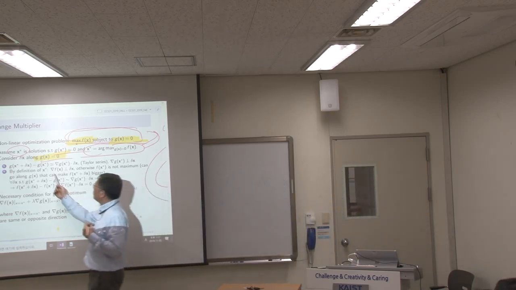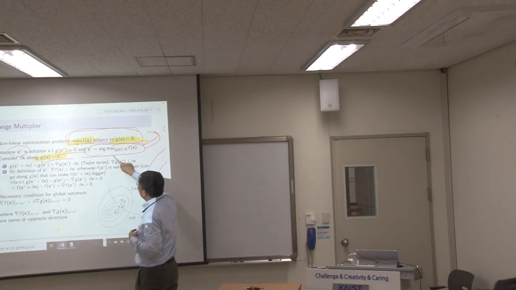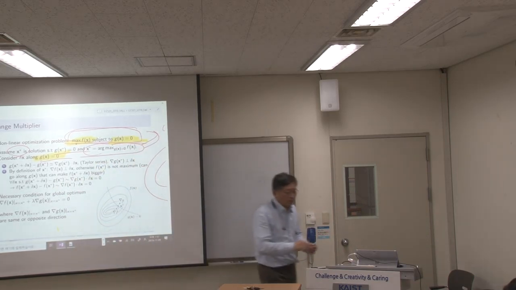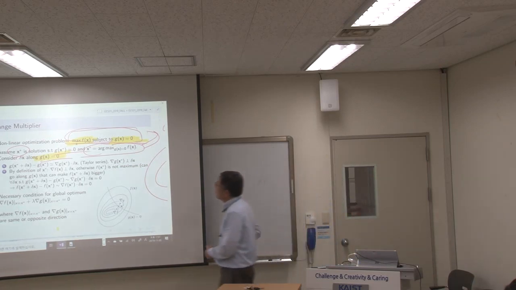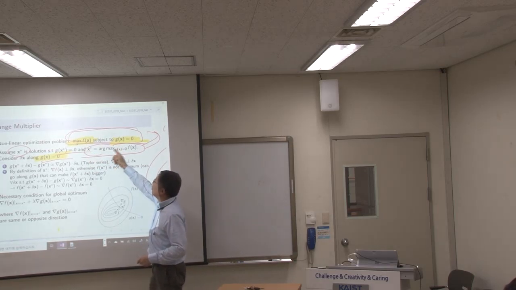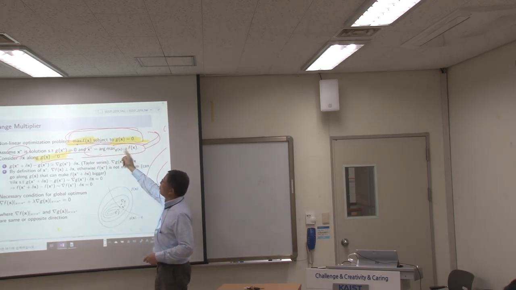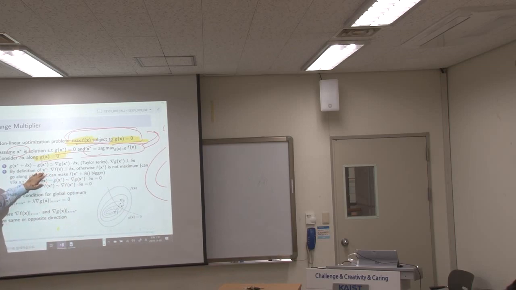And of course, if x star makes g equal to 0, x star is also the maximizer of f. So the step along the contour is also perpendicular to the gradient of f(x).